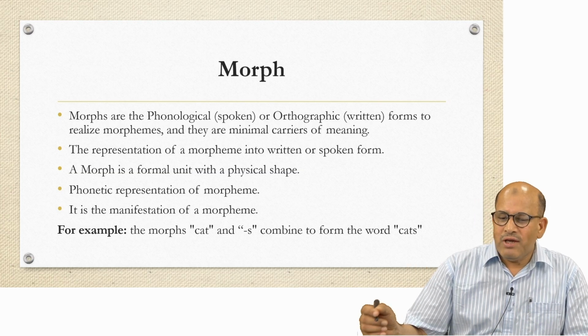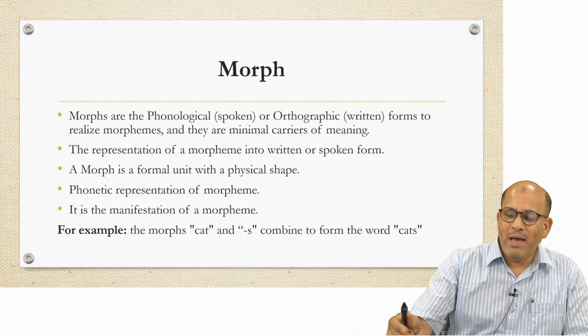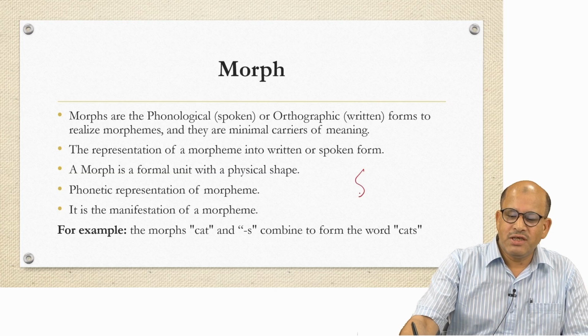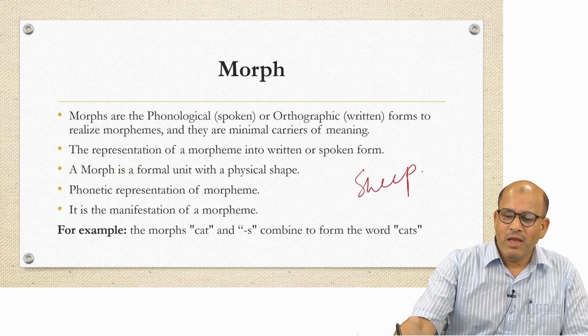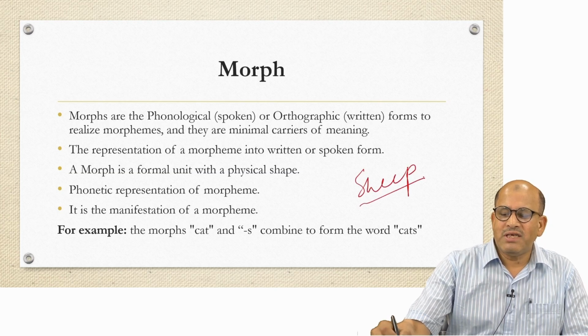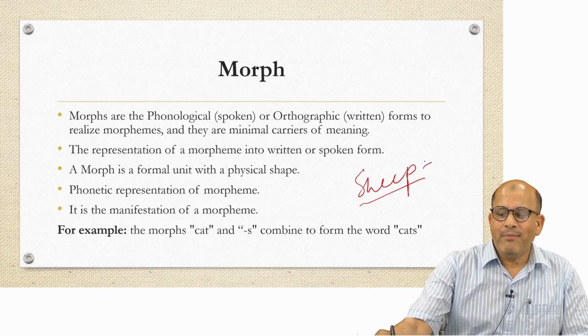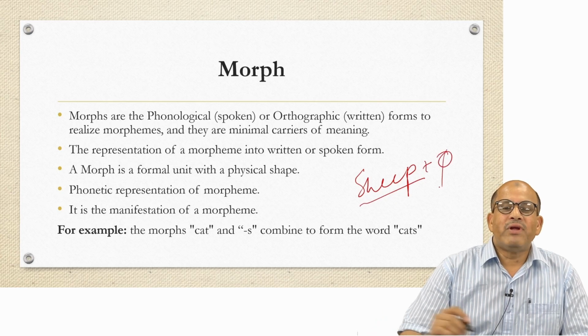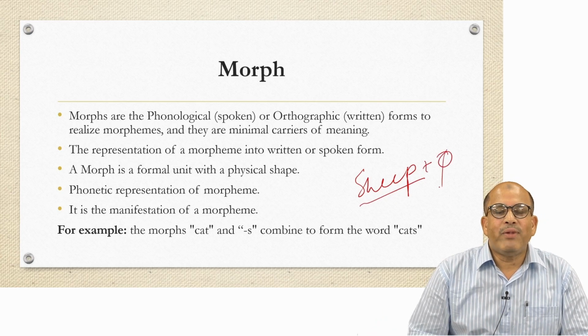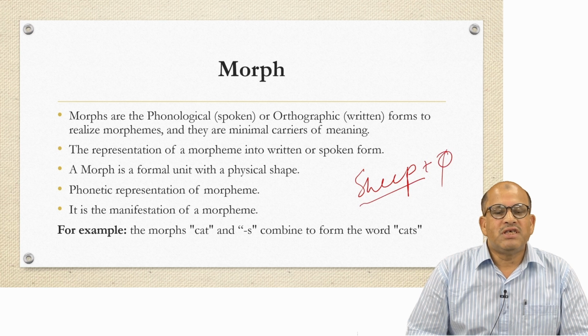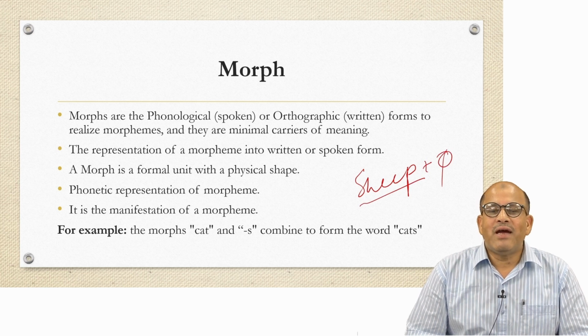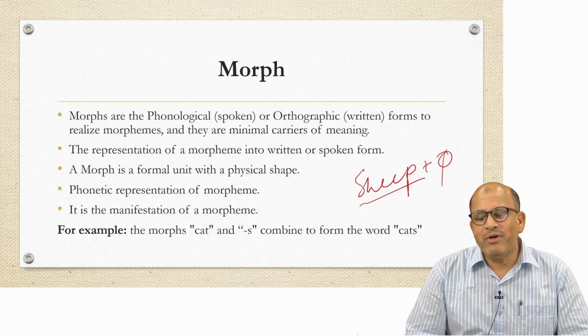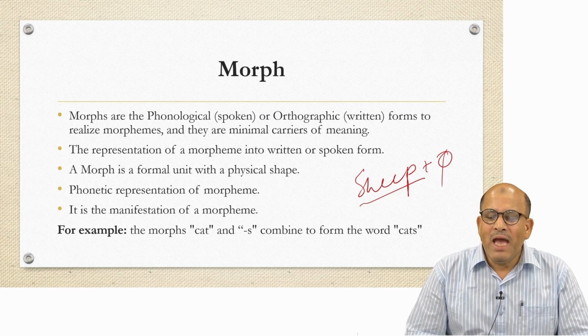If I can give you an example, take the word sheep. If we use the word sheep as a plural, then we have a zero here. There is no plural marker, but we still use sheep as a plural. So here we have one morph but two morphemes, because sheep can be used in its lexical meaning as well as a plural form.